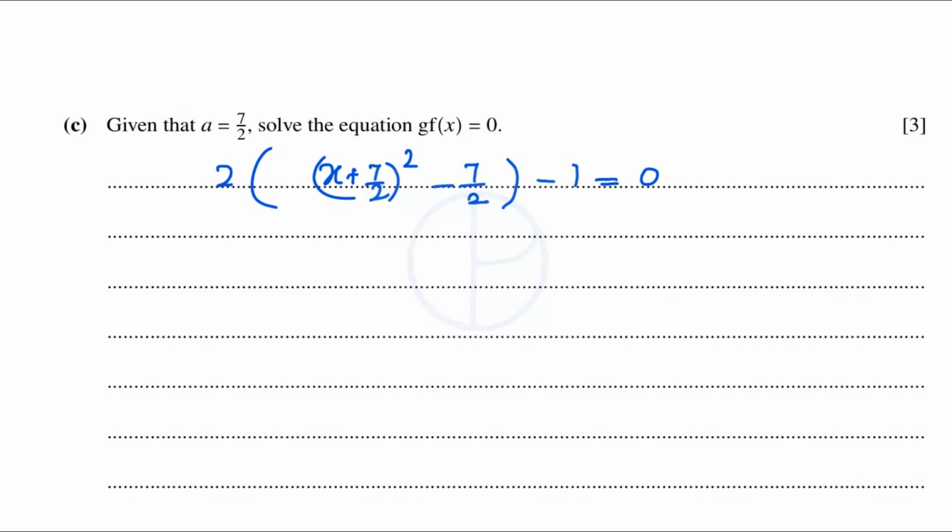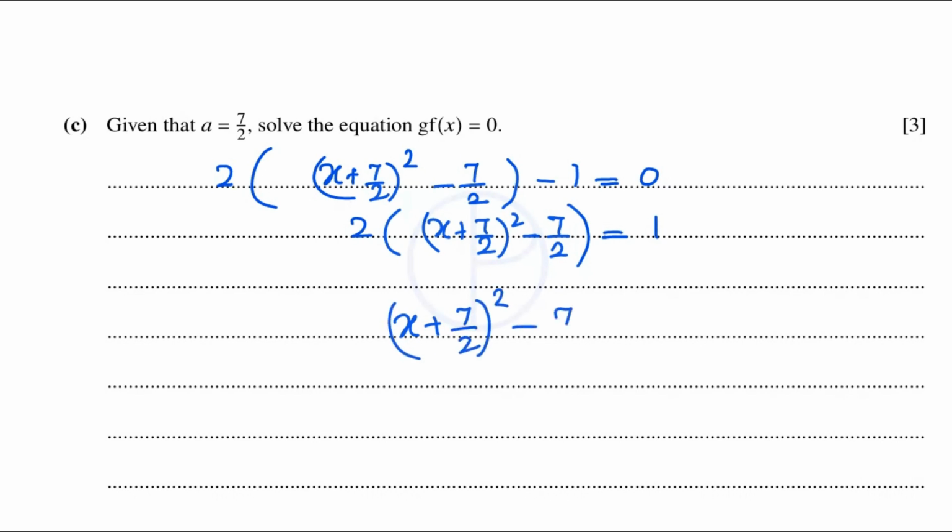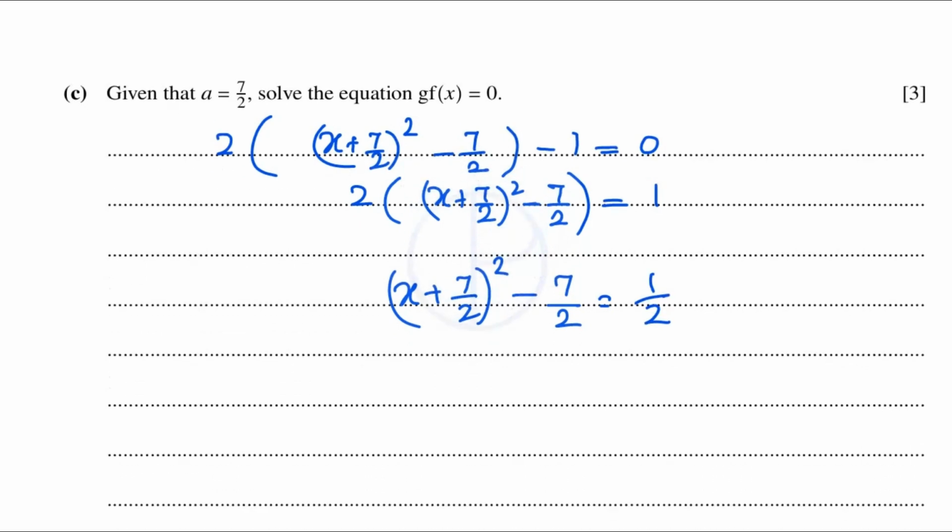Now add 1 on both the sides first. So we get 2 times (x plus 7 over 2) the whole square minus 7 over 2 equal to 1, or (x plus 7 over 2) the whole square minus 7 over 2 is equal to, when you divide 2 on both the sides, 1 over 2.